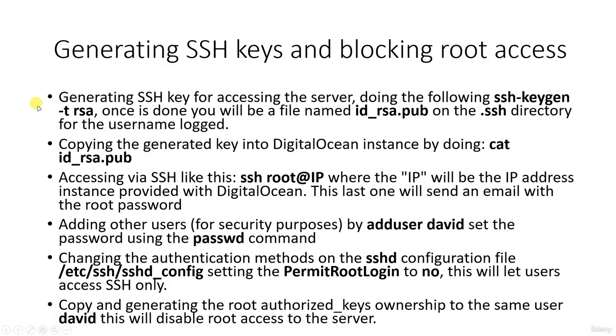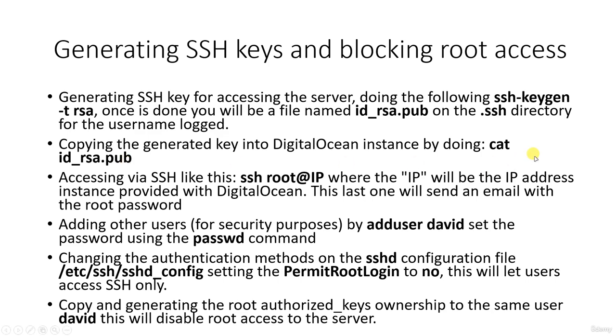Once this key command is done, you will have a file in the directory of the username logged in. What you have to do now is copy the generated key into a DigitalOcean instance by doing a cat id_rsa.pub.